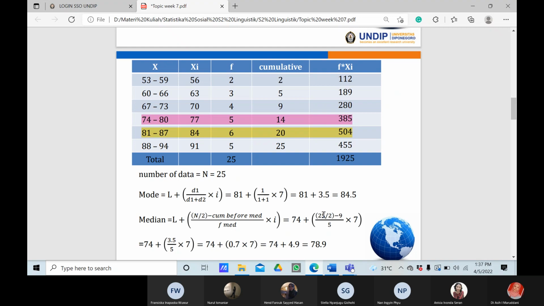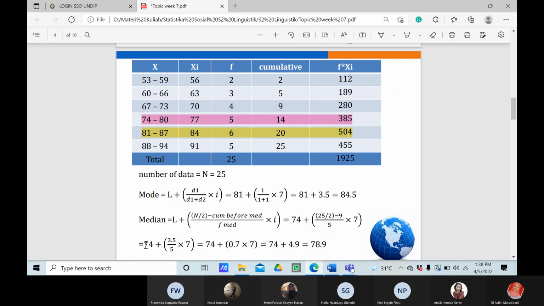N is 25, divided by 2, minus the cumulative before median. This is the median class, and the cumulative before median will be 9. Then you write down here 9, divided by the frequency of the median, which is 5. Then you write down here 5. Then you have to multiply this calculation by 7. 7 is the interval, the width of the interval class.